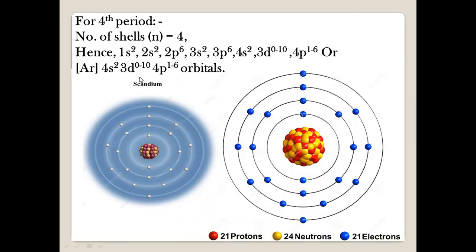Let's see the fourth period, where the number of shells is n is equal to 4. The example is scandium, which has electronic configuration argon 4s2, 3d1 and 4p 0. This has orbitals 1, 2, 3 and 4, so 4 shells are there and it is placed in the fourth period.